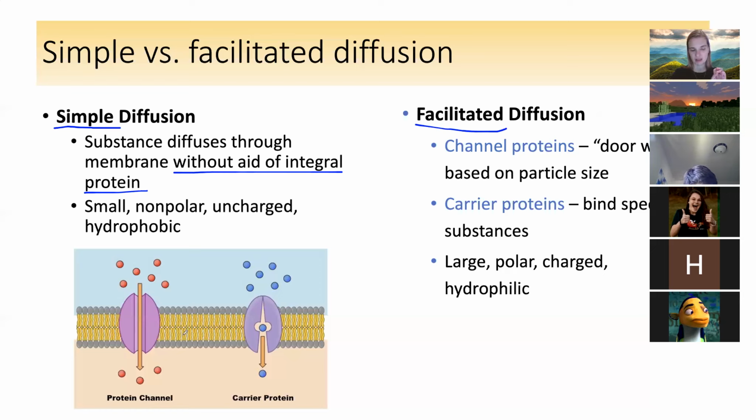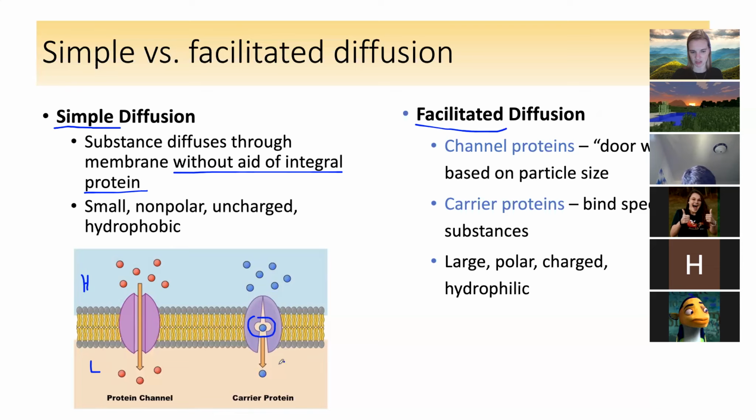If we look at the image here on the left, you see a channel, which is kind of like a chute, right? As long as the molecules can fit through this opening, they're going to be able to use this channel to go from one side to the other. Notice it's going from an area of high concentration to an area of low concentration. A carrier protein is based on shape.